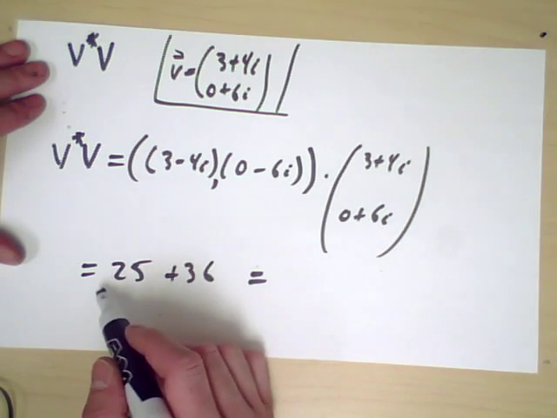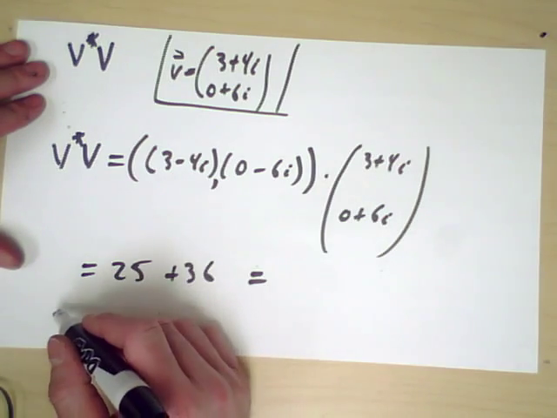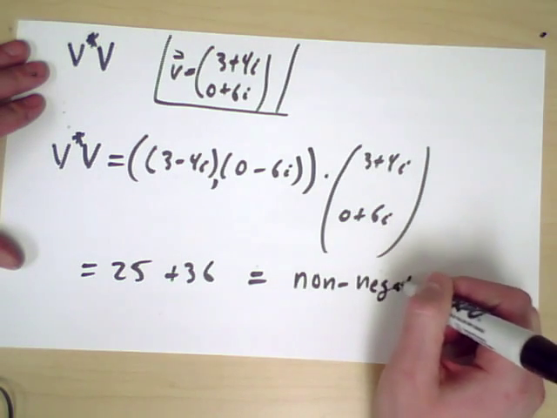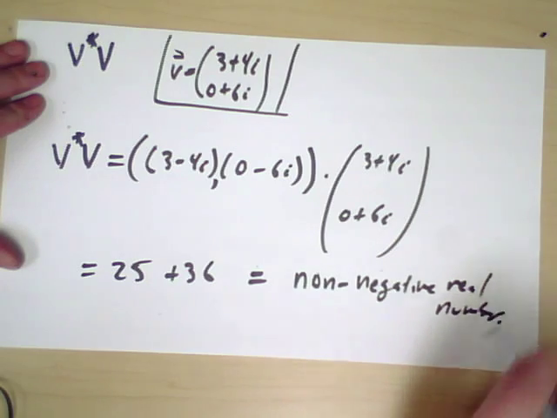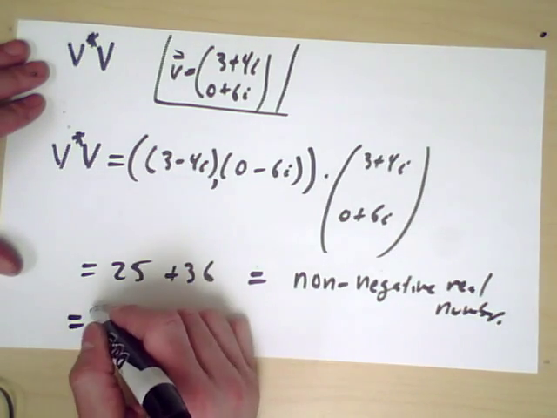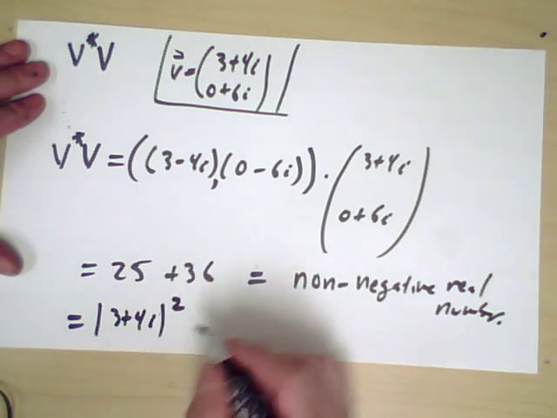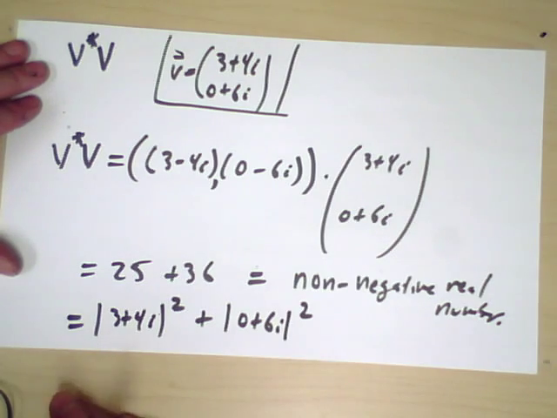Notice that this is a non-negative real number. Moreover, what it is, it's the length of 3 plus 4i as a complex number squared plus the length of 0 plus 6i as a complex number squared.